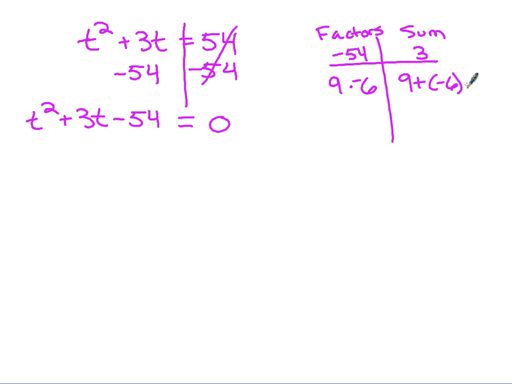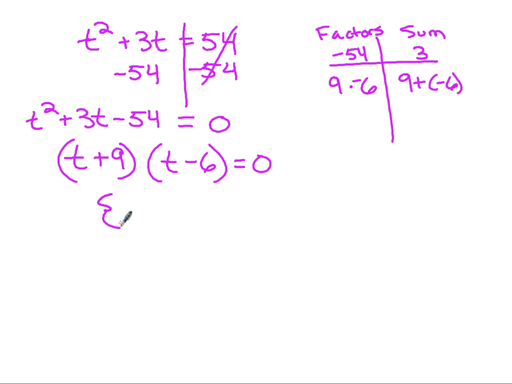Perfect. All right, so we have t plus 9 times t minus 6, which means, since that's a positive 9, one of my solutions is negative 9. And since that's a negative 6, my other solution is a positive 6. The end.